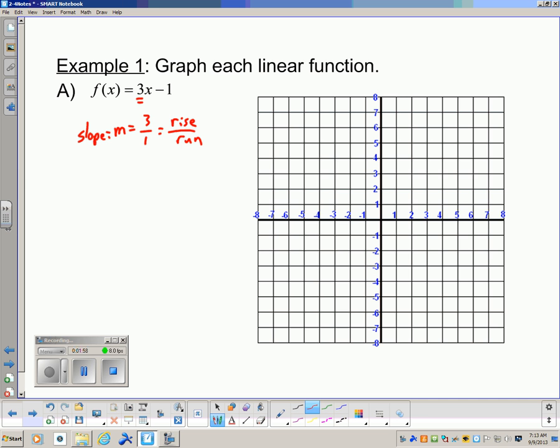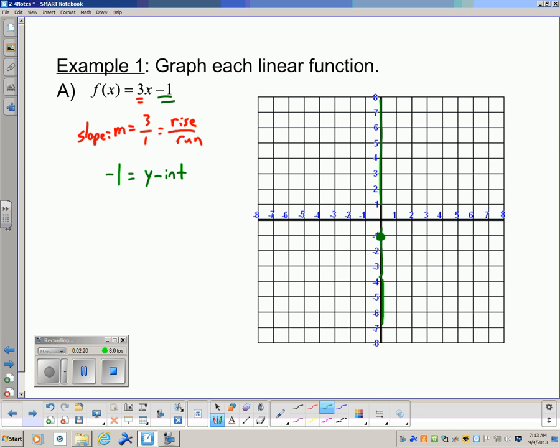And then the other portion there is a negative 1. So my negative 1 ends up being my y-intercept because that's my b value. So that's where I'm going to start. I'm going to start at the y-intercept. That's where you always start. So the y-intercept is where it hits this line right here, at negative 1.